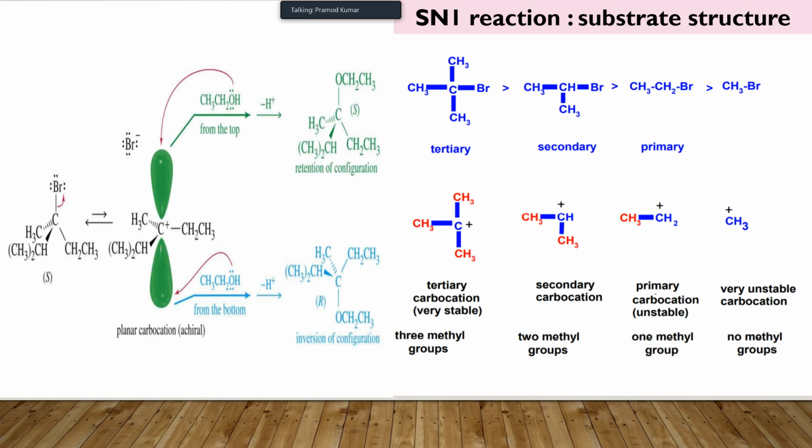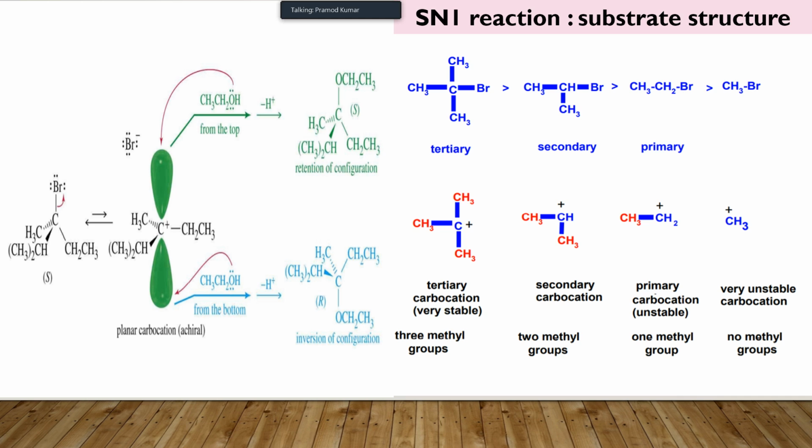So let's take an example. You take a tertiary alkyl halide, take this particular example, and you treat it with the nucleophile, that is ethanol.